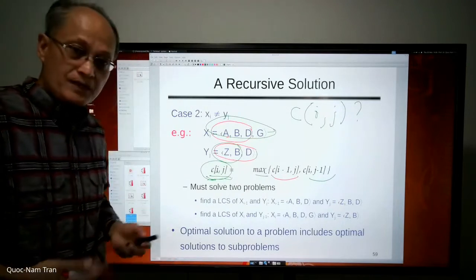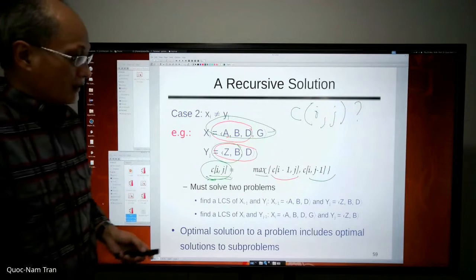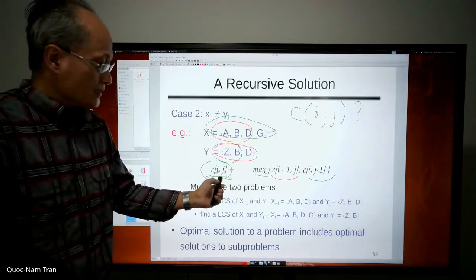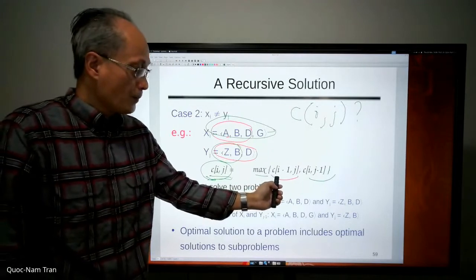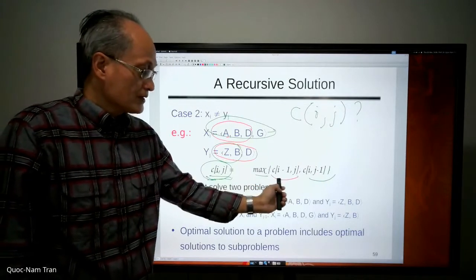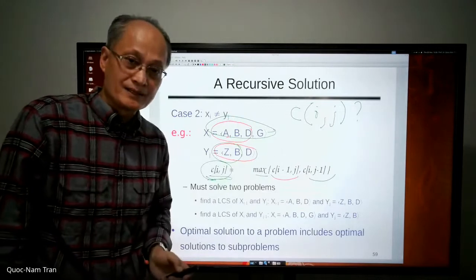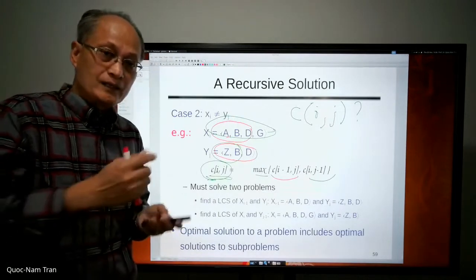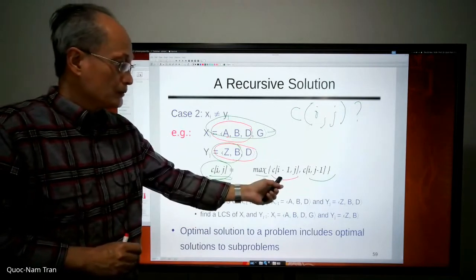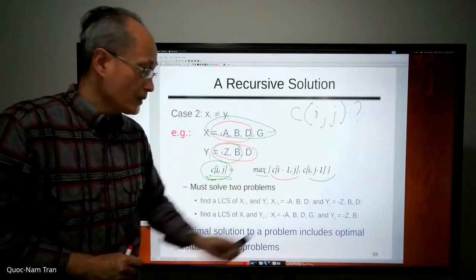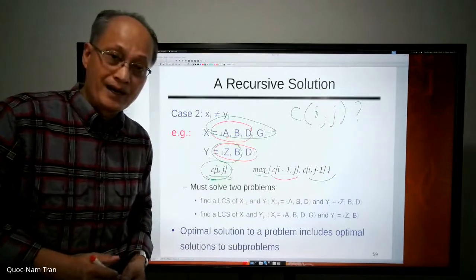And of course, from here, you can see that Cij is calculated by comparing the red subsequences and the green subsequences. Then we need to remember what will happen if we use the red one. What will happen if we use the green one?